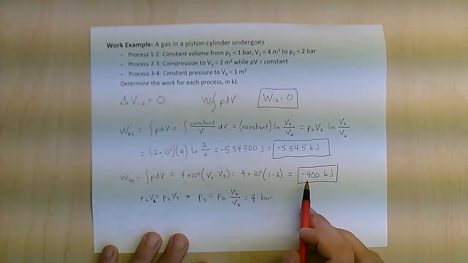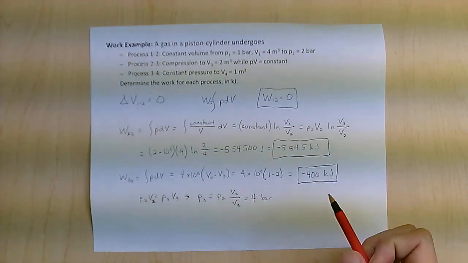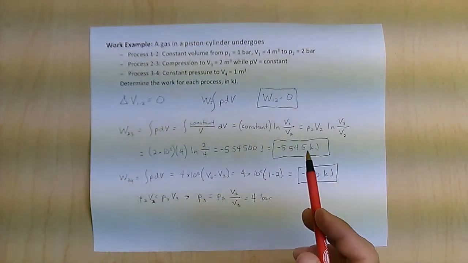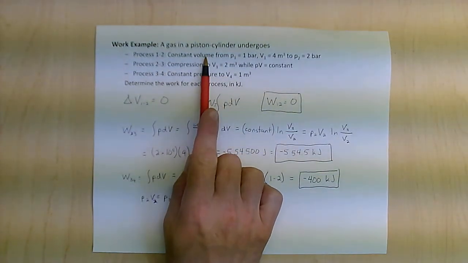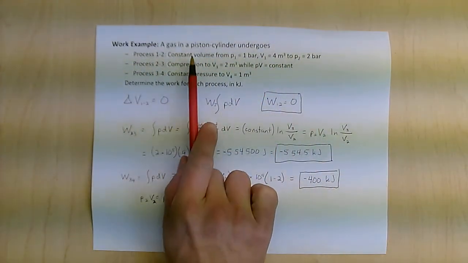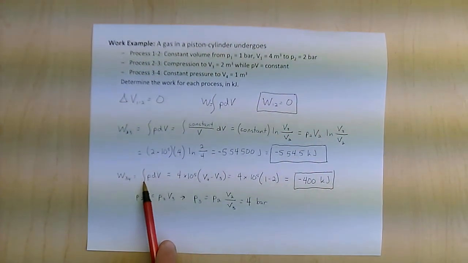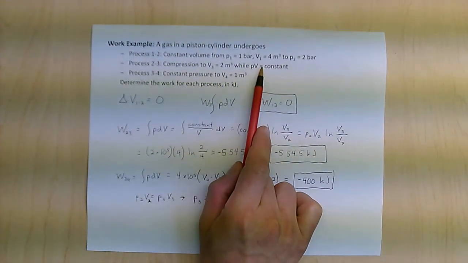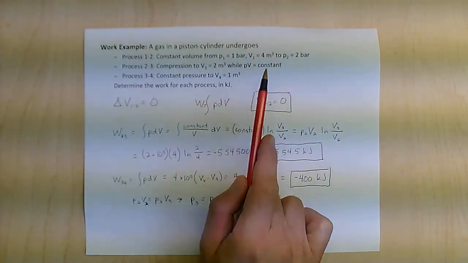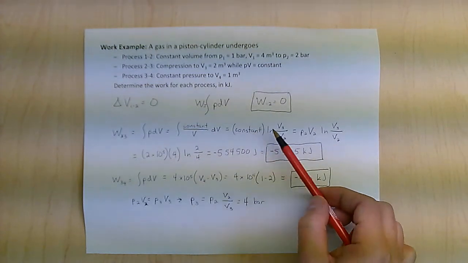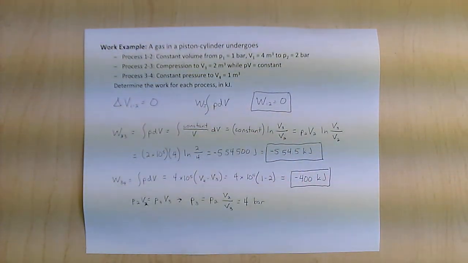This actually gives me 400,000 joules as an answer, but I skipped that step like I did up above. So again, constant volume is no work. Constant pressure, the pressure comes out of the integral. And when I have this polytropic process where P times V is constant, I can pull that constant out, have 1 over V, get that natural log, and put it in there like so.